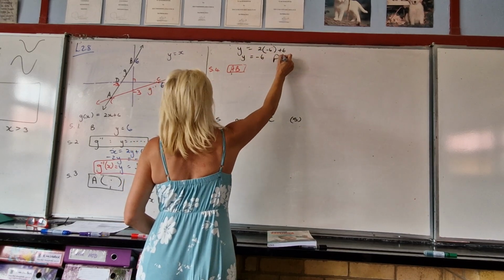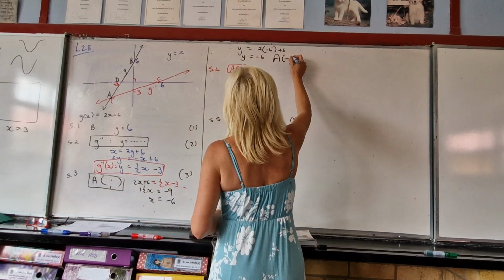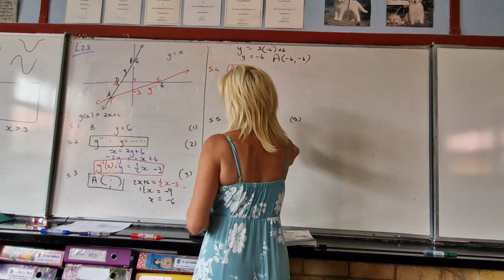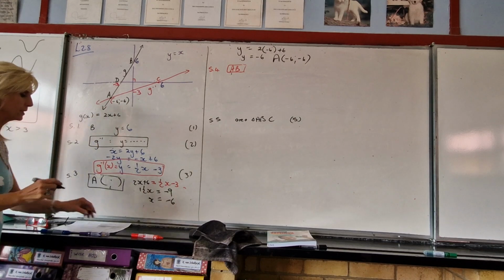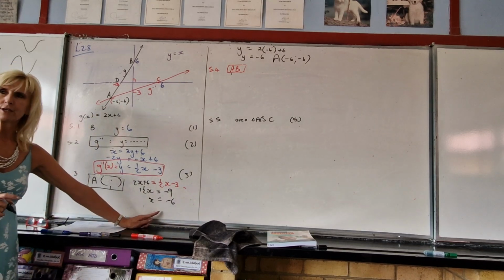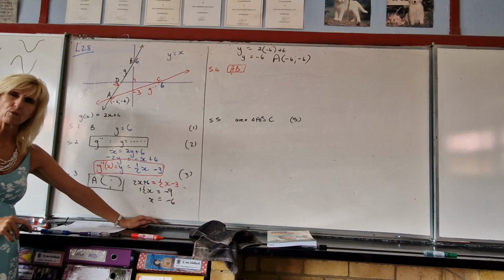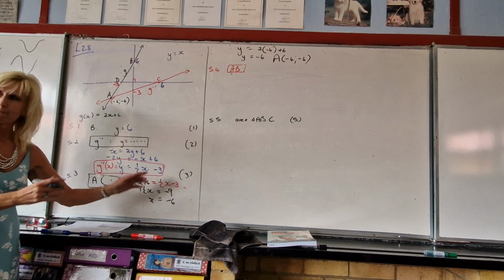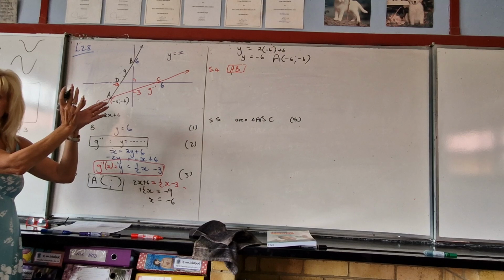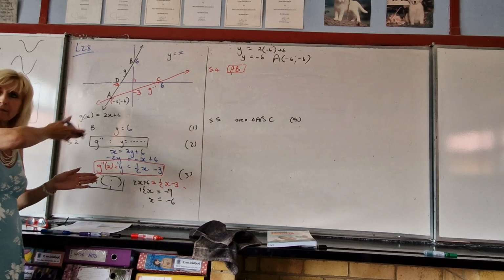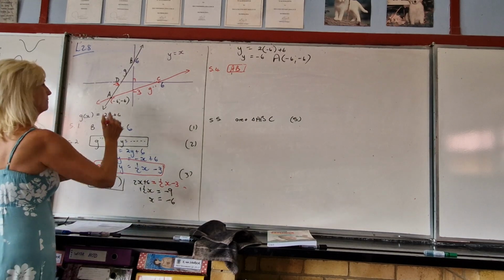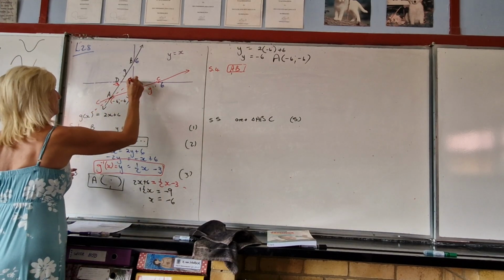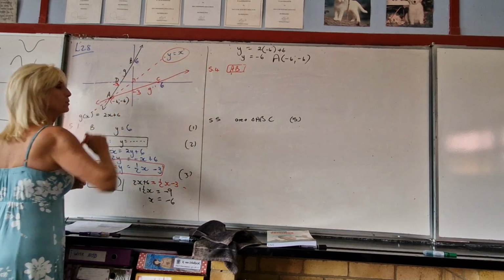Okay, so A's coordinates, let's answer the question. Negative 6, negative 6. But now let's think about this. The moment that you had negative 6 here, you could have known that the y value should have been negative 6. Why? Because they sit on the axis of symmetry, and the axis of symmetry is y equal to x.